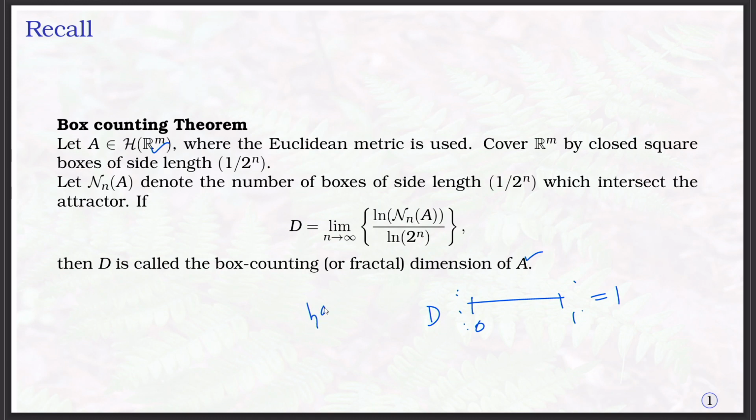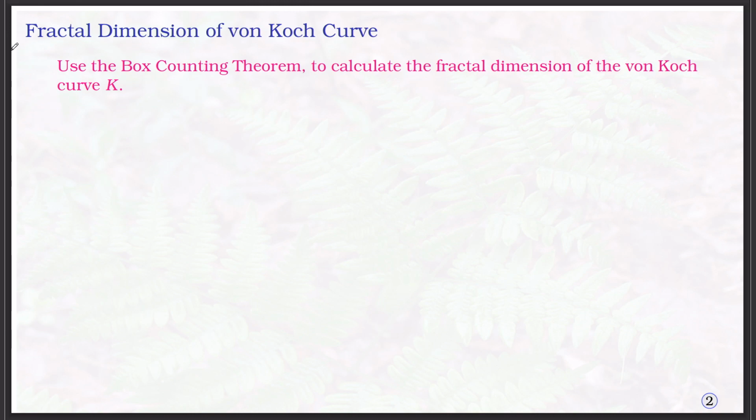If you take any singleton set in a general metric space, the box counting dimension is 0, not 1. Similarly, for any finite set the box counting dimension is 0, which we proved in the last lecture. Now let us discuss the box counting dimension, or fractal dimension, of the Van Koch curve.